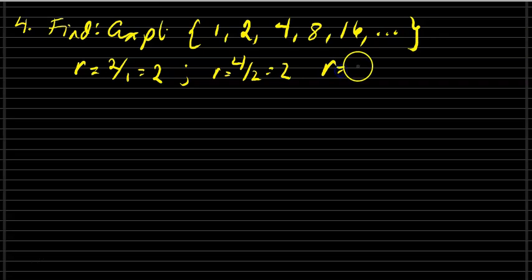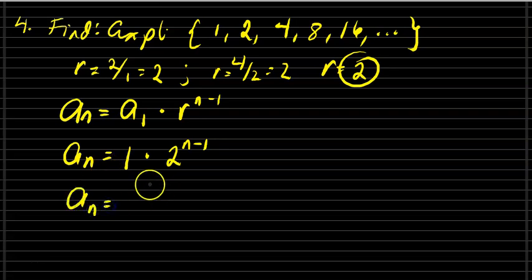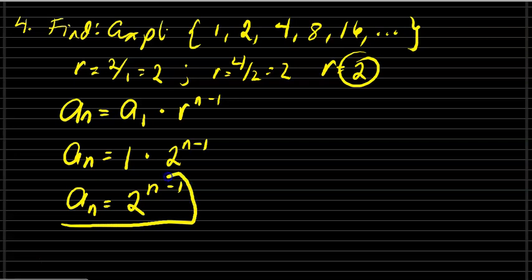Therefore, our ratio here is 2. Now, going back to your original explicit formula, a sub 1 multiplied by the ratio raised to the number of terms minus 1. So our explicit formula here is going to become the first term, which is 1, times 2 raised to n minus 1. Now, the final way to write this is, because 1 times 2 is only 2, 2 raised to n minus 1. So this is your answer.